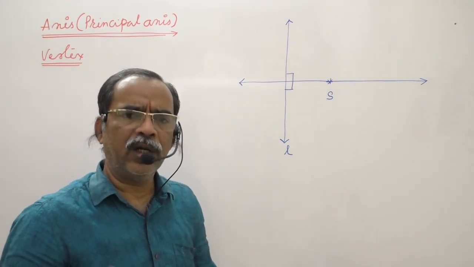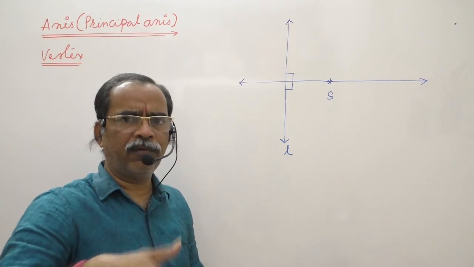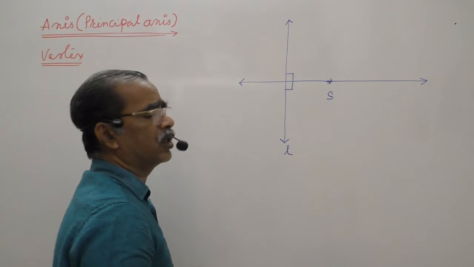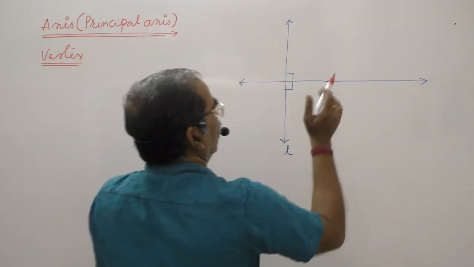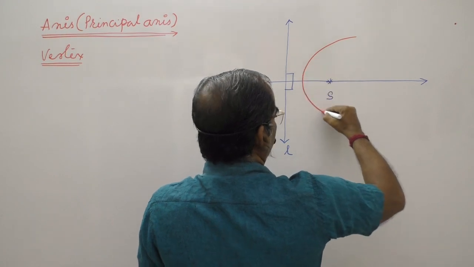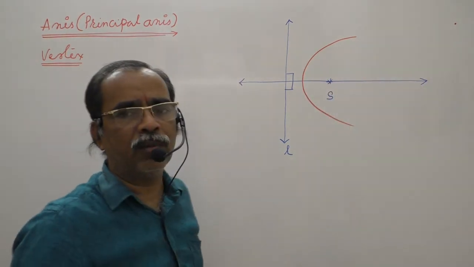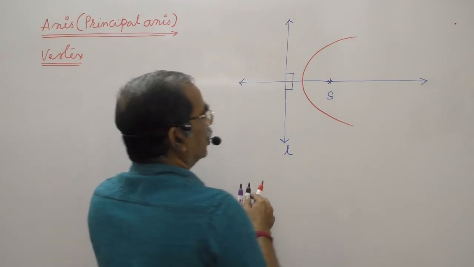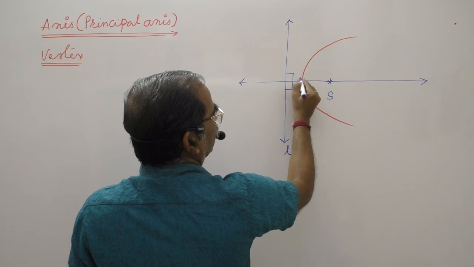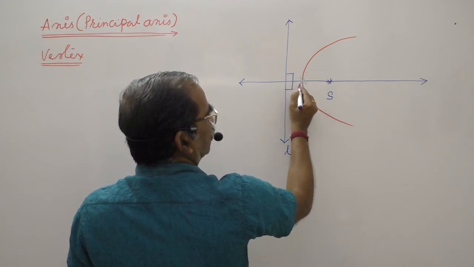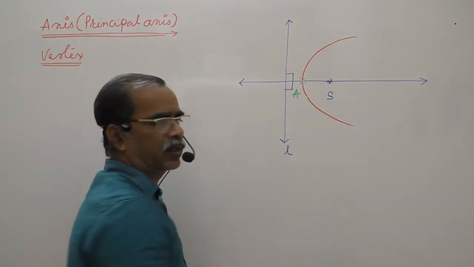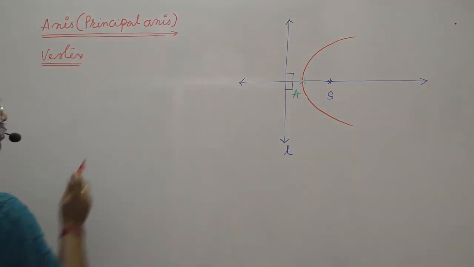A conic is a curve, it will have some figure. For example, I am taking a rough figure like this. Say this is a conic. It is crossing the axis at this point. Therefore, this is called the vertex. Next, another definition.